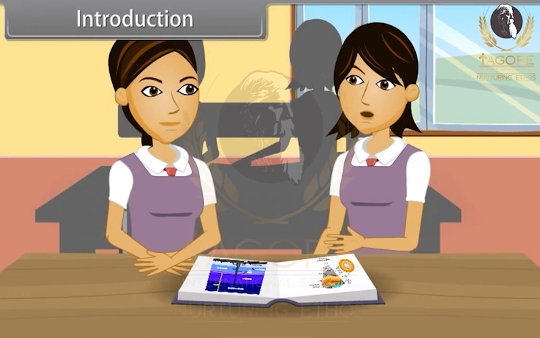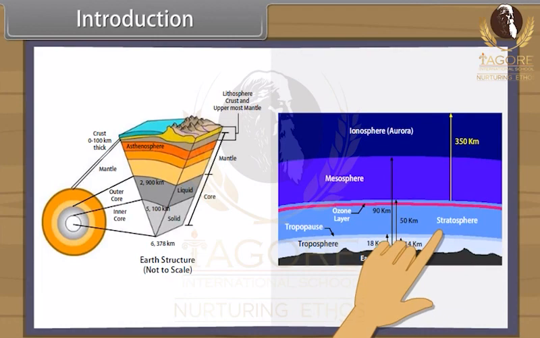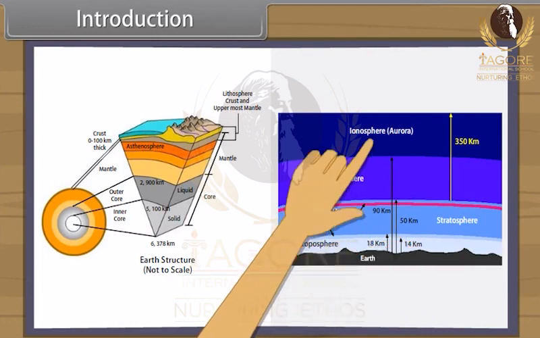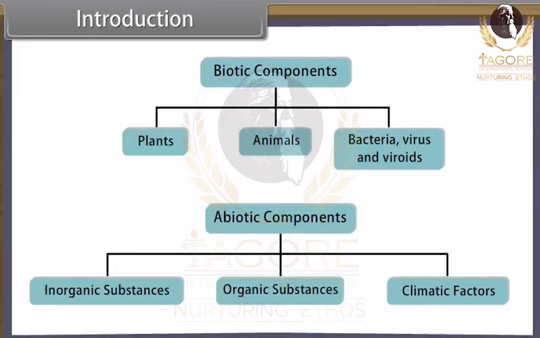Atmosphere extends to several kilometers in height from the surface of Earth. It is differentiated into four parts: troposphere, stratosphere, ozonosphere, ionosphere. So we can say biosphere is formed mainly of two components: biotic components, all living things; and abiotic components, air, water, and the soil.